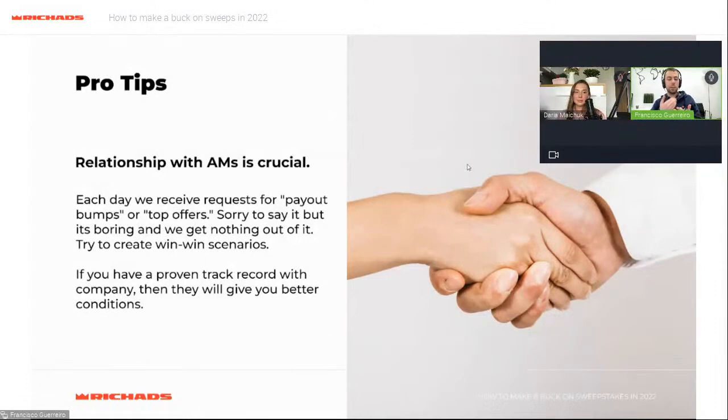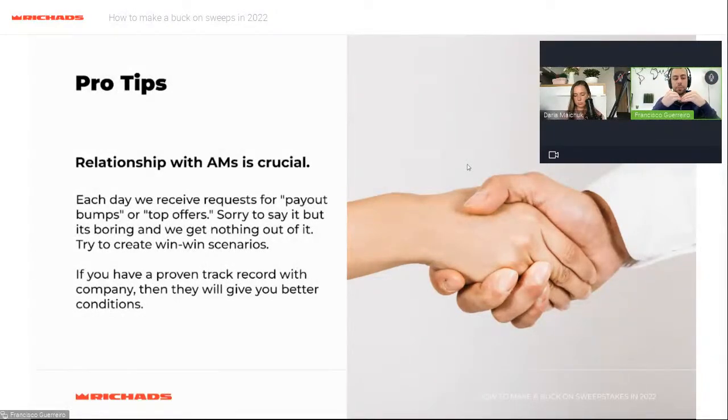So it's important that you create win-win situations. For example, I'm an account manager. I have a lot of accounts, but of course, I have my top guys. I have my top 10, top 15 guys that deliver most of the revenue because they send quite a lot of traffic.